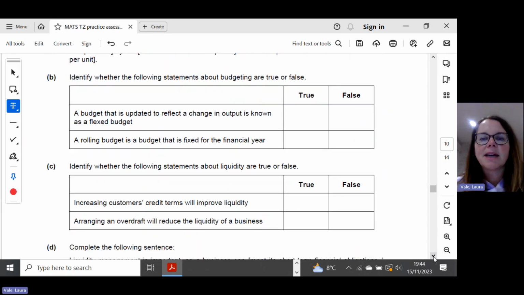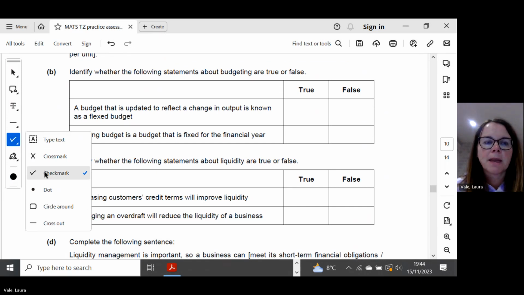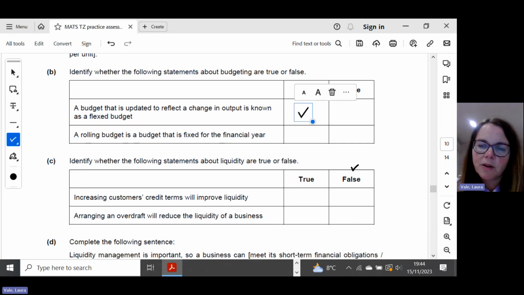Identify whether the following statements about budgeting are true or false. So a budget that is updated to reflect a change in output is known as a flexed budget. Yes, that's what we've been doing all along when we've been flexing our budgets. A rolling budget is a budget that is fixed for the financial year.